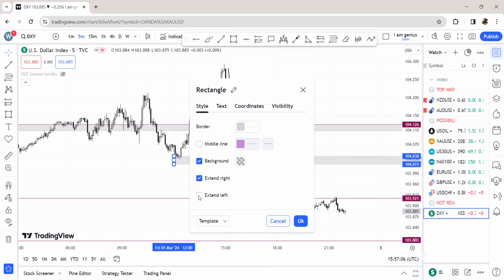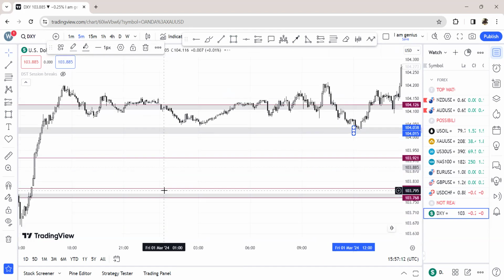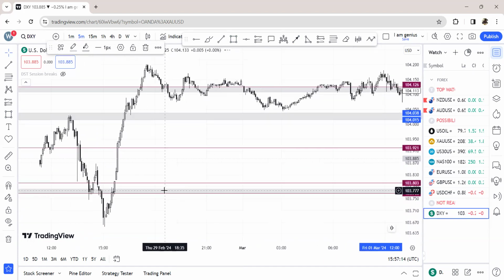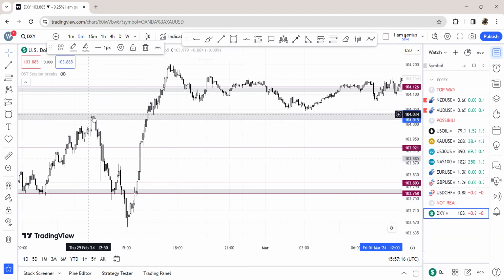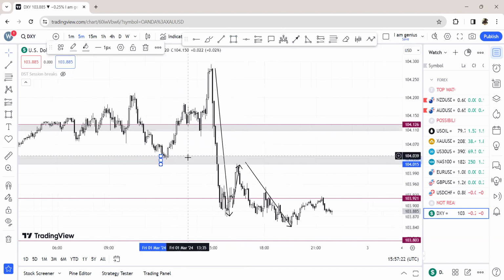Settings, extend to left. Okay, so I can see we most likely had some important level. Yeah, we can see from this level here, even here, there was that mini push.